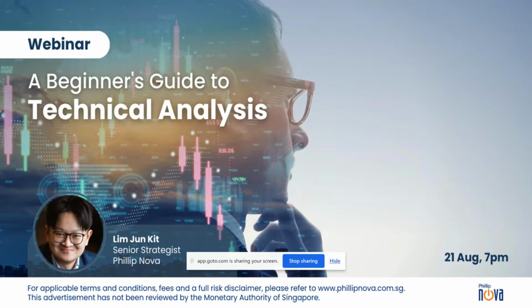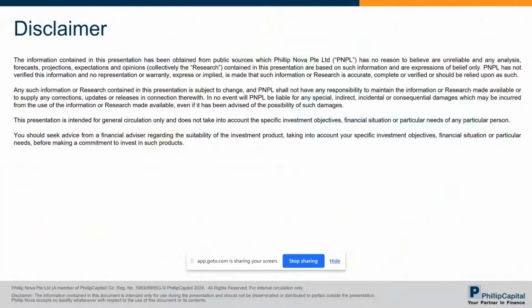But with that aside, let us jump straight into the disclaimer for today's session. Whatever we cover here today is meant to be educational. That means you should not take this as any form of investment advice, because the topic we're going to talk about today relates to leverage products, and it's an instrument that, if you don't know how to utilize it, could potentially pose a high risk for you.